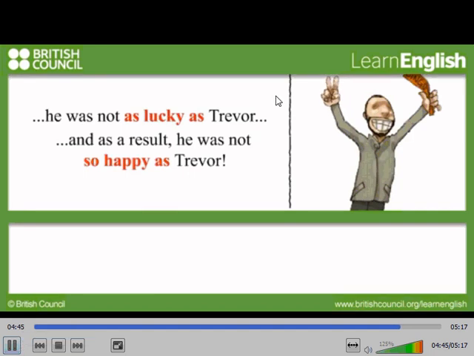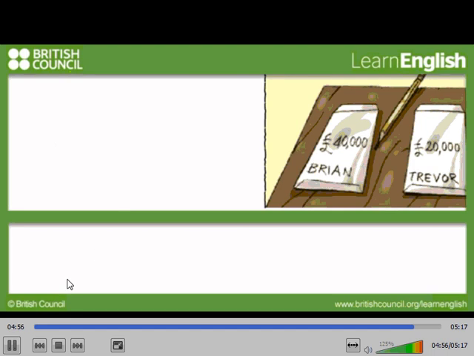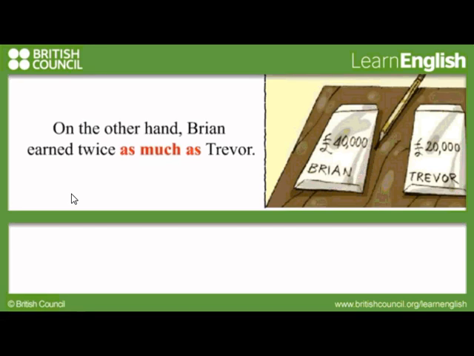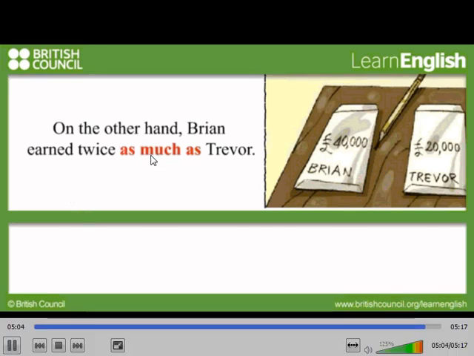He was not so happy as Trevor. So wasn't so happy as. So we can say as lucky as or so happy as. So here we have two things: either as, adjective, as, or so plus adjective plus as. On the other hand, Brian earned twice as much as Trevor. As much as.